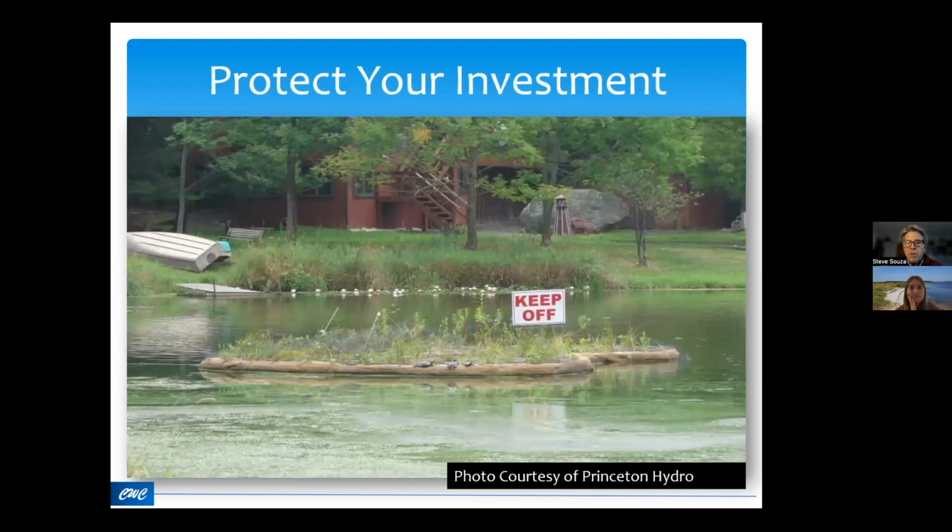These are some other examples of installations in large natural lakes. These are some installations that were done in water bodies a few years ago, but again, emphasizing the need to protect your investment, meaning the installation of the goose fencing around the perimeter.